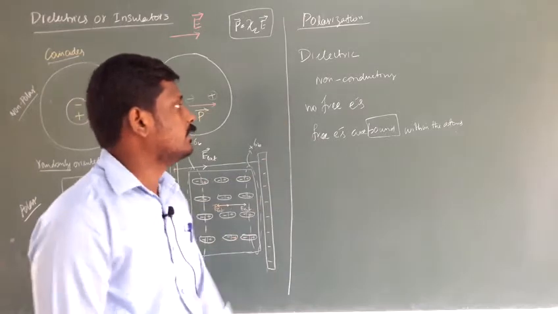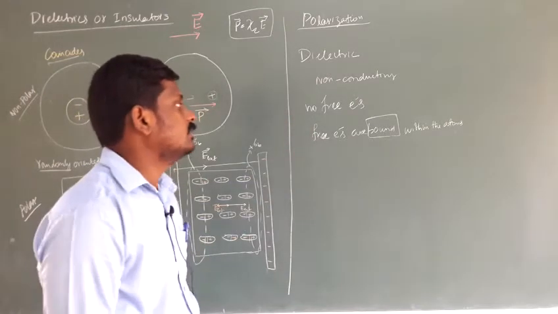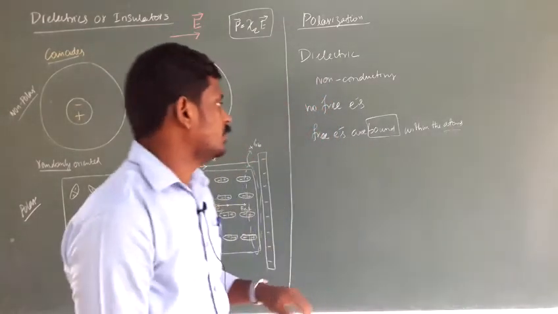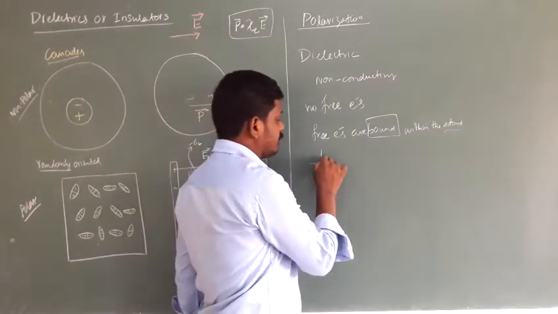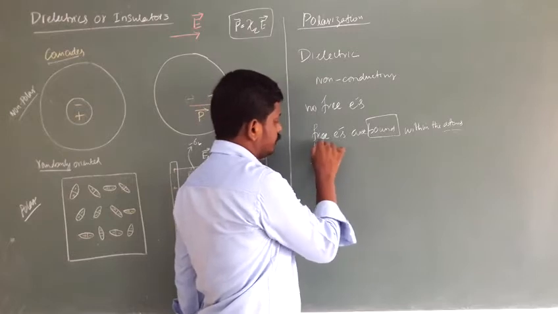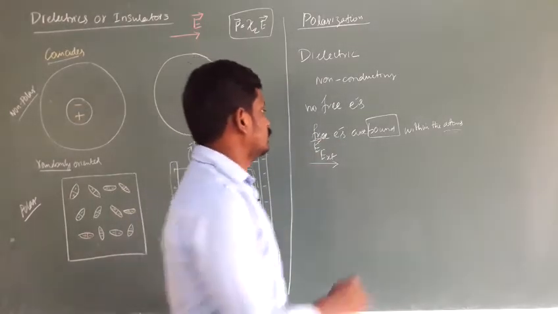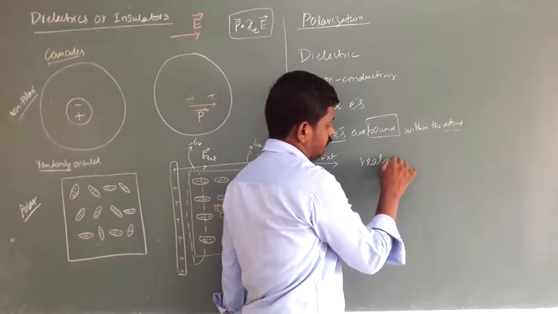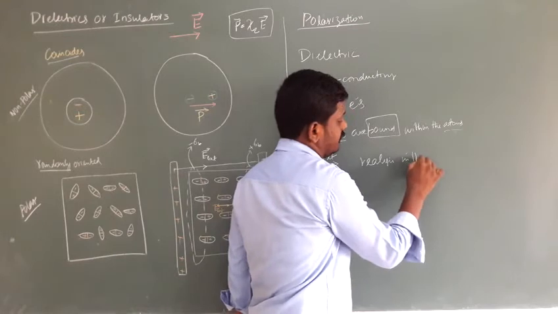The free electrons are bound within the atoms of a dielectric. If an external electric field is applied, the charges just realign in the direction of the electric field.